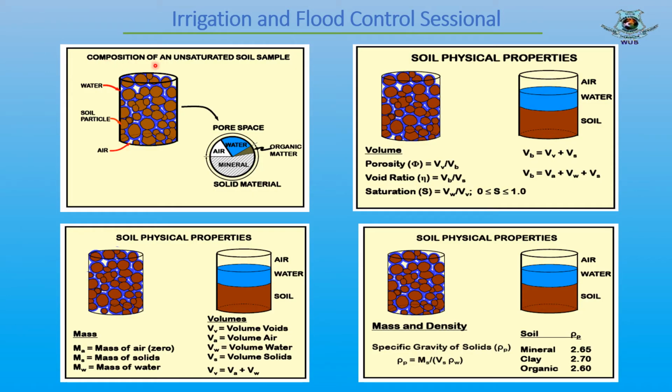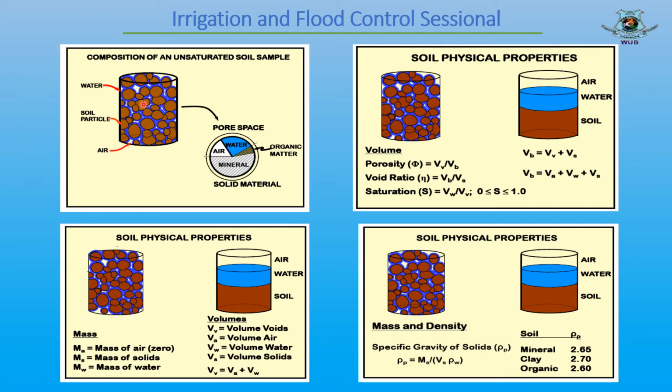Composition of an unsaturated soil sample. This is the composition of an unsaturated soil sample. Unsaturated soil means the soil which is not completely dry or whose void space is not totally filled with water. So in an unsaturated soil sample, there exist water, soil particles, and air.